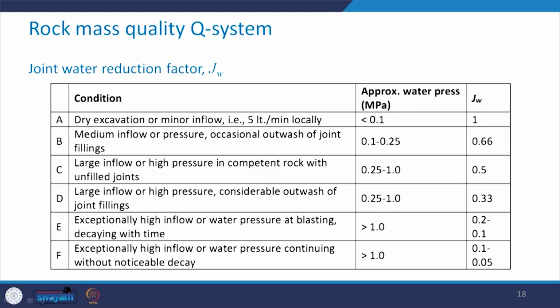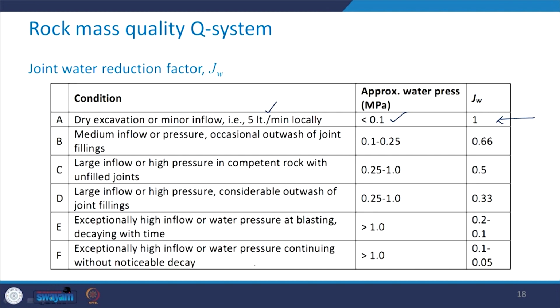So, in case you have dry excavation or minor inflow, that means 5 liters per minute locally, then the water pressure is going to be less than 0.1 MPa and the rating which is assigned is 1. Likewise, as the flow increases, the rating is reduced.